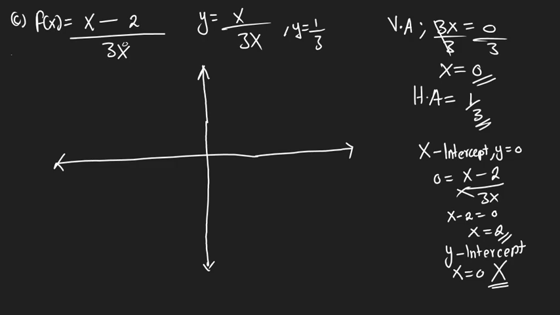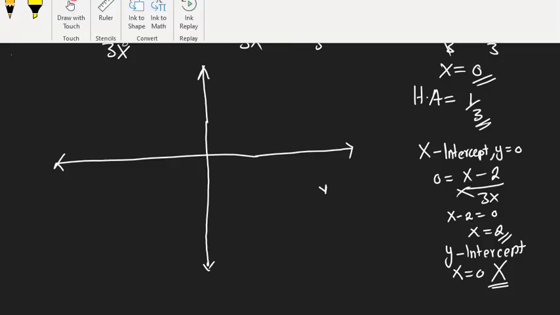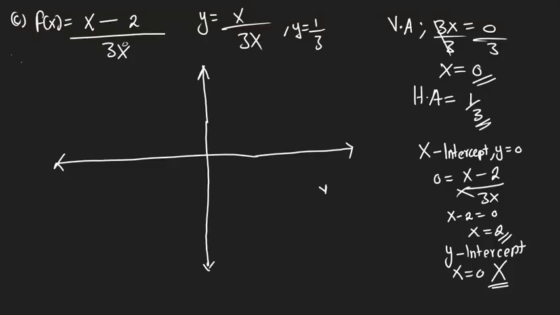So for this one, let's do the same thing. Vertical asymptote. The vertical asymptote is at what? 0. Okay.